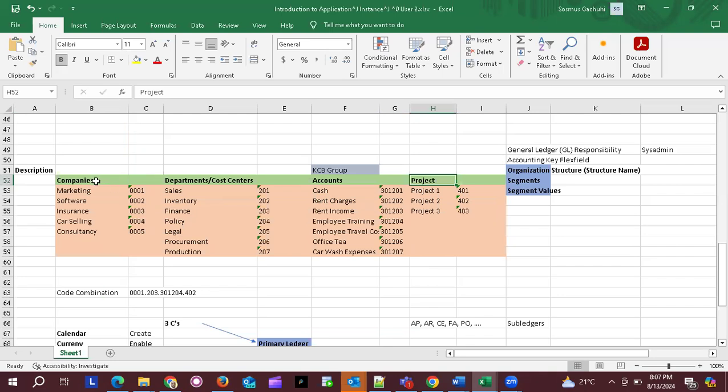We have companies, we have departments, we have accounts and projects.